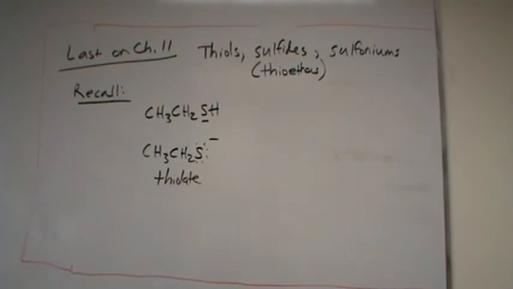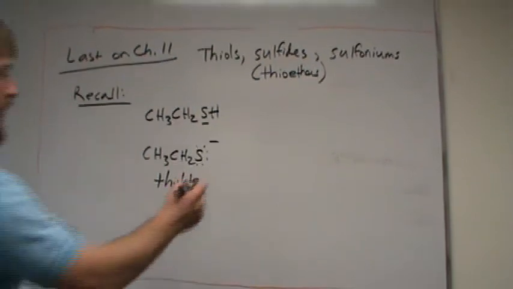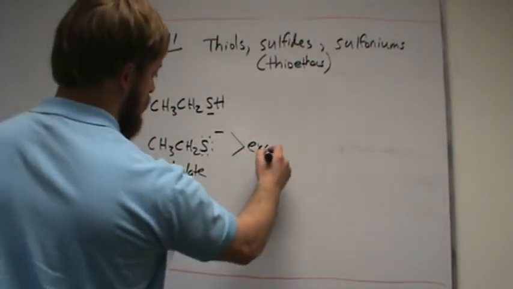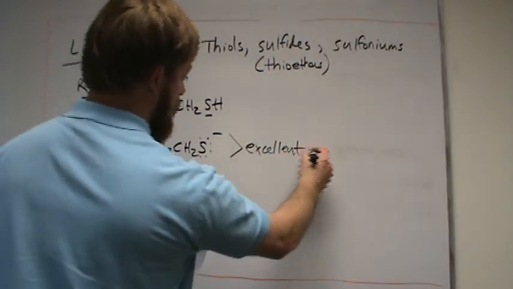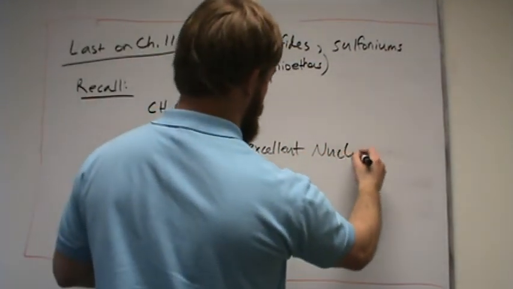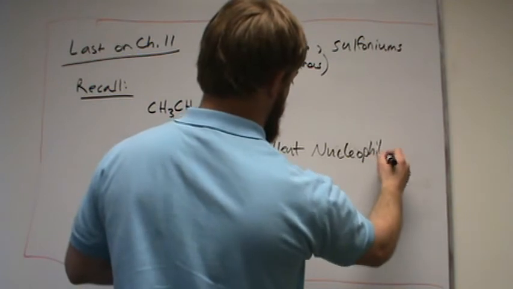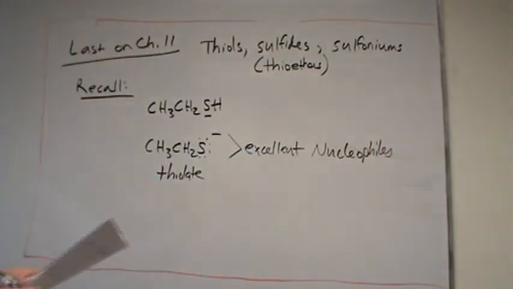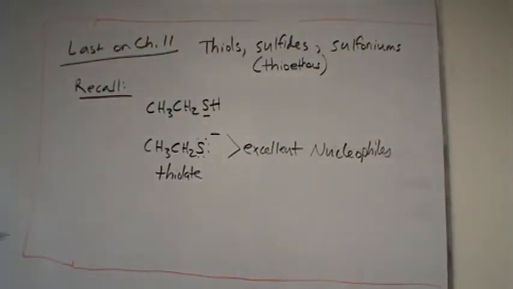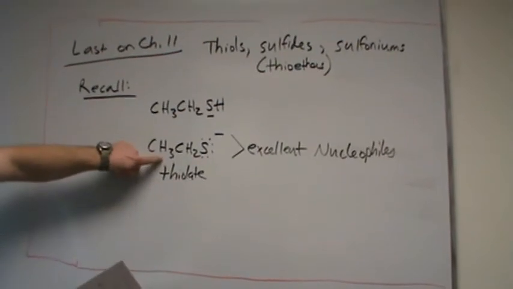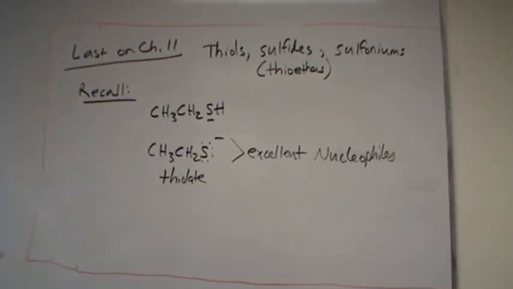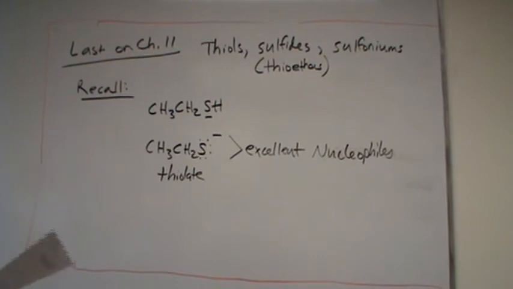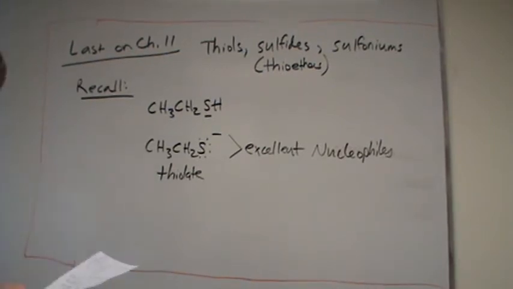Thiolates are excellent nucleophiles. Stronger than ethoxide. It's a stronger nucleophile than the oxygen-based version.